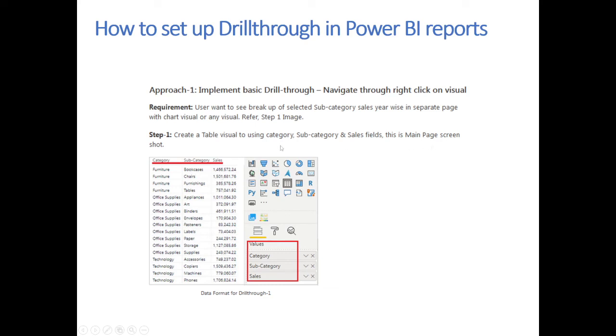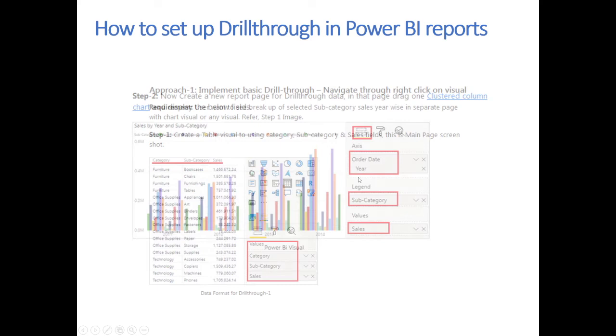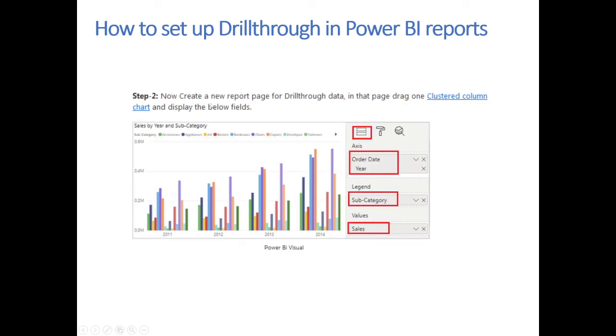This is the main page screenshot. Now create a new report page for Drillthrough data. In that page, drag one clustered column chart. We have the order date for the axis, the subcategory for the legend, and the values will be sales.